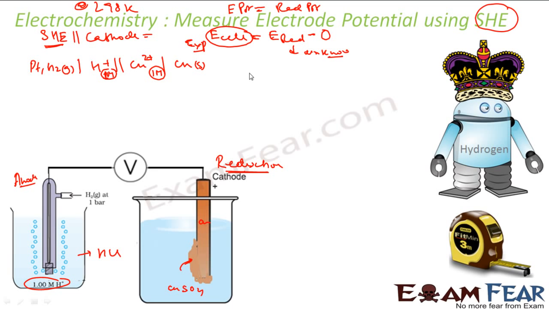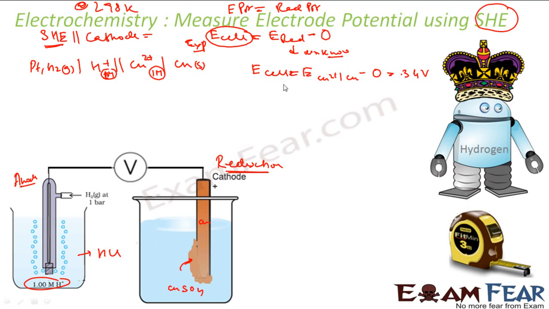Correct? So for this, E cell is nothing but E reduction minus E oxidation, and this is 0. So experimentally we'll get this value. So E cell is nothing but E reduction of Cu2 plus to copper minus E reduction of H plus to H2, which is 0, and E cell experimentally is found to be 0.34 volt.